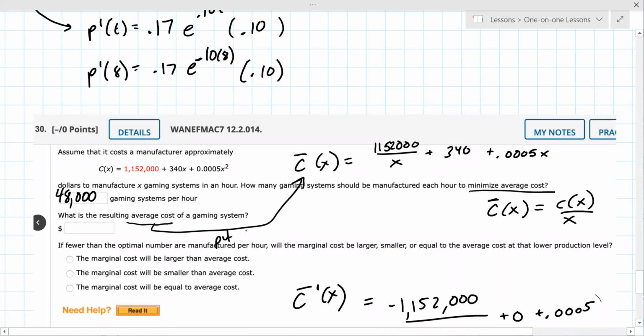Let me write a note to put 48,000 in for x, but in the average cost function. Because it says average cost, that's how I know there's nothing else I'm doing to interpret that. So that ends up being 388. Notice it doesn't say to round, so we expect it to be nice.